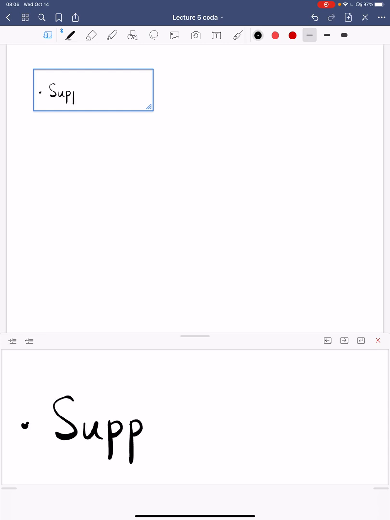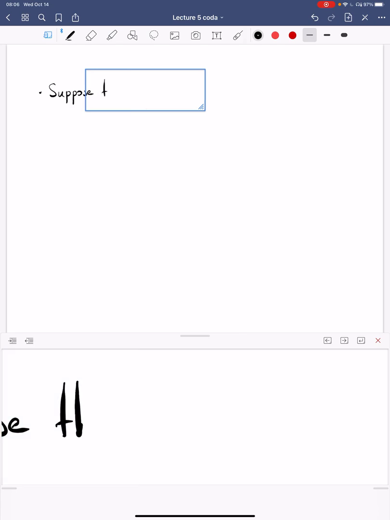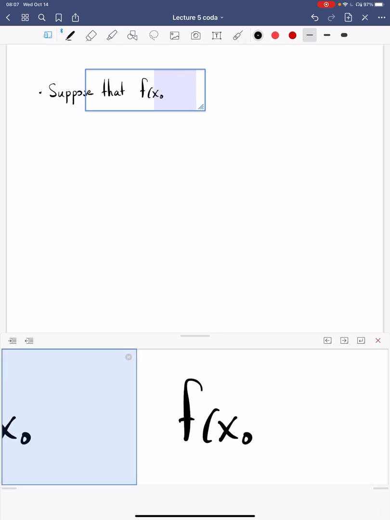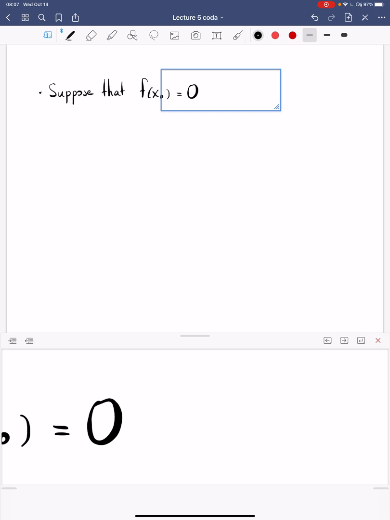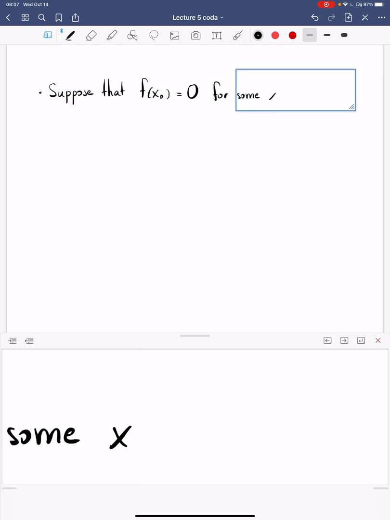Suppose that f of x0 is equal to 0 for some x0 in R, okay?